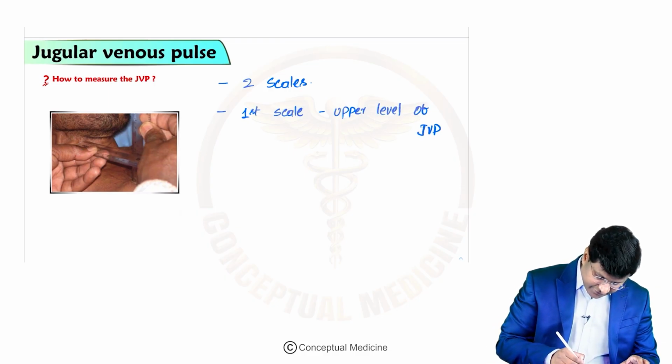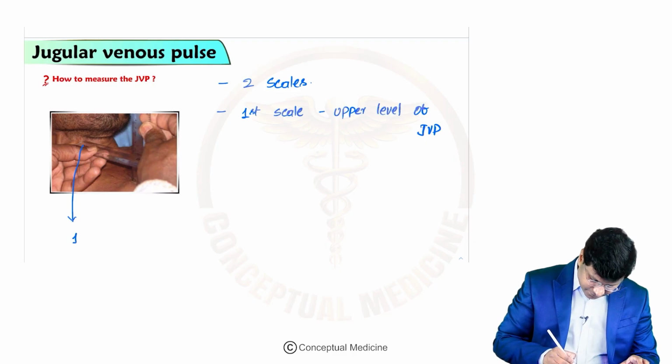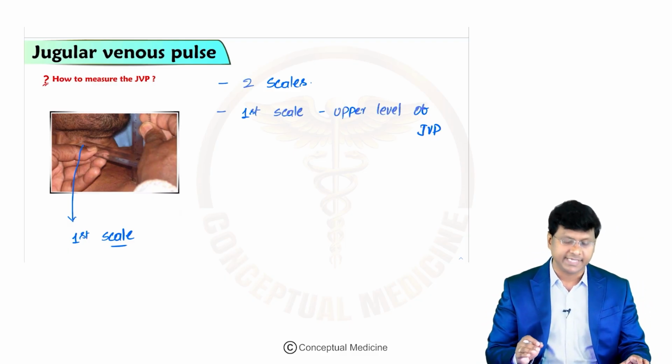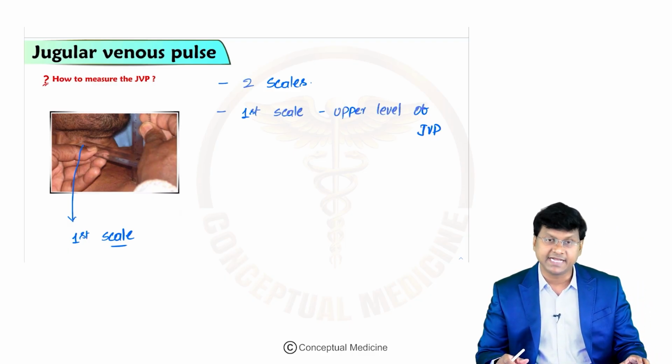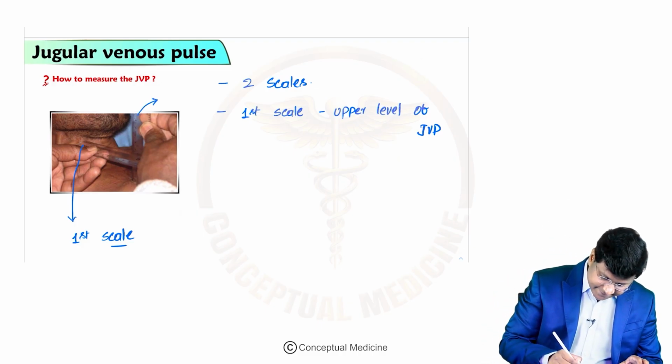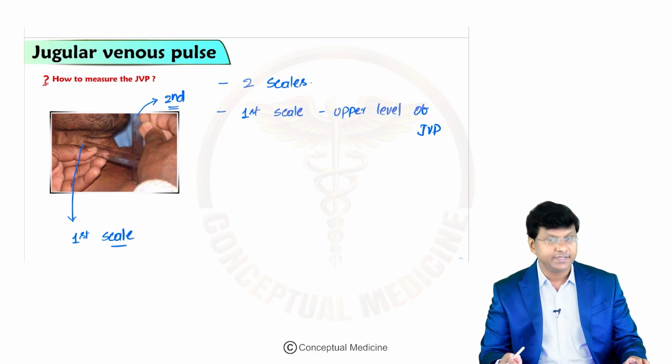So the first scale you have to keep at the upper level of the JVP, and this will be the second scale.